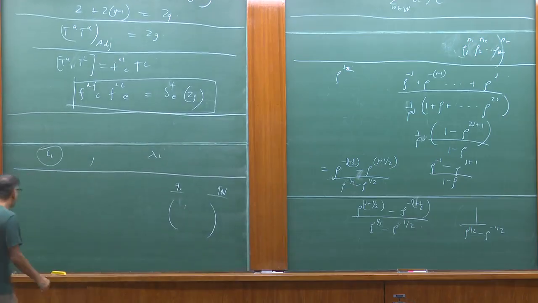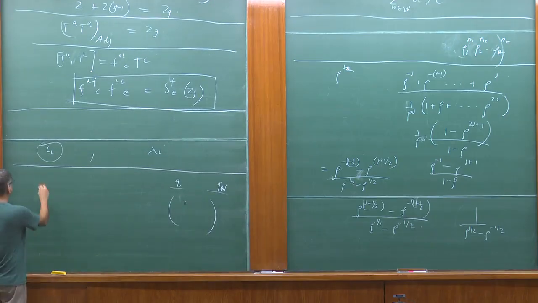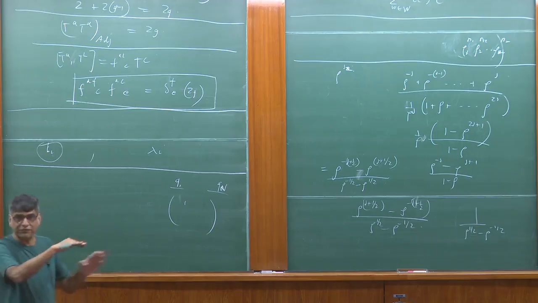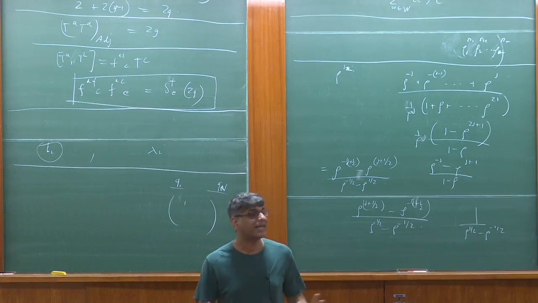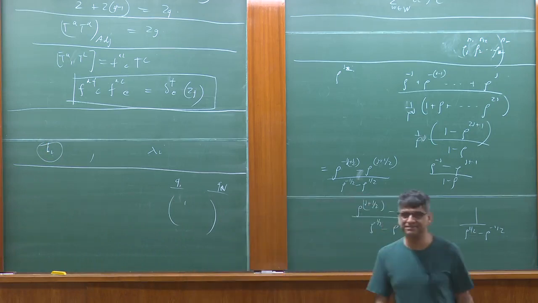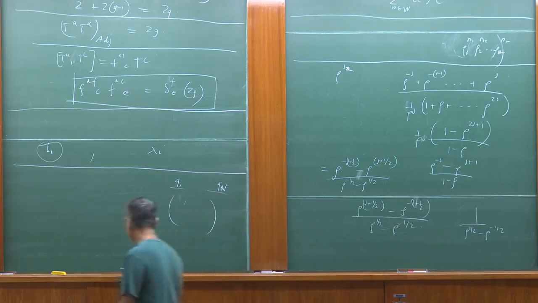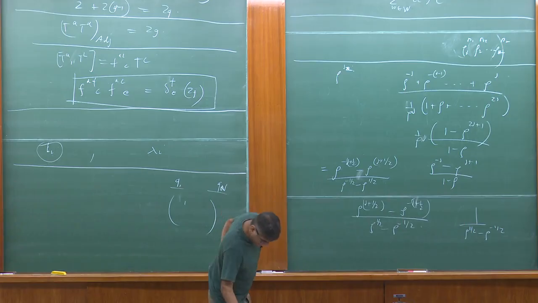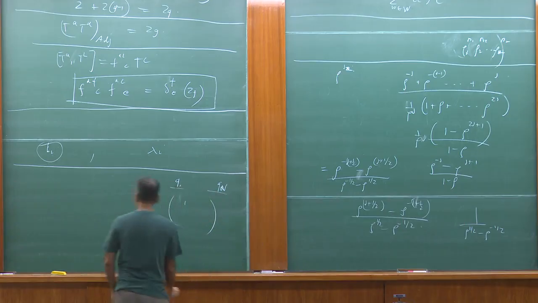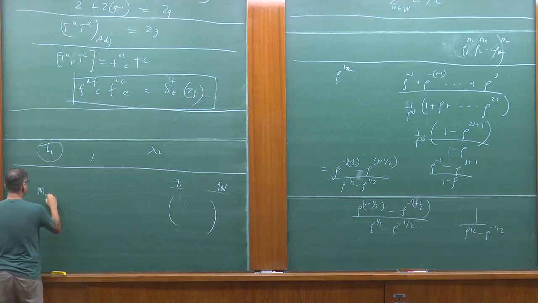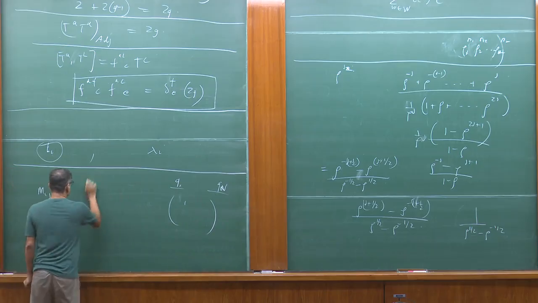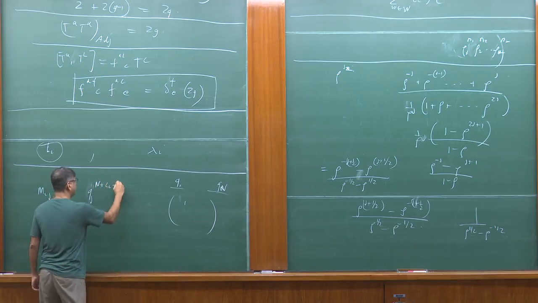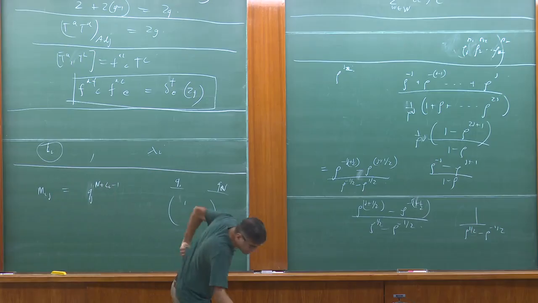Now, I've got some representation labeled by L_i's, the number of boxes in the ith row. I want to find the character for that using these fugacities. What is it? It's a beautiful formula, and the formula goes as follows. Consider the matrix M_ij equals Q_j to the power m plus L_i minus i, with m being n minus 1, I think.